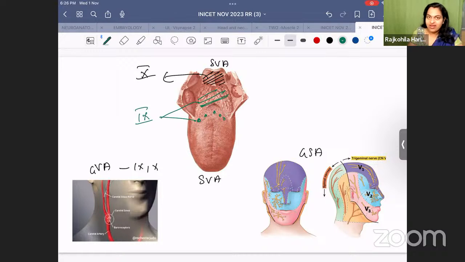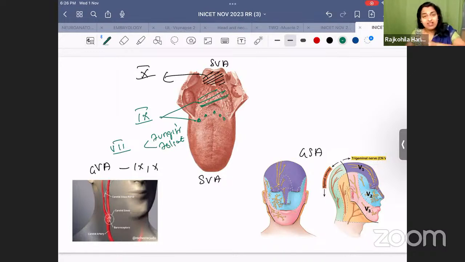Special visceral afferent from the anterior two-thirds of the tongue. What is the papilla you have there in the anterior two-thirds with the taste buds? Yes, from the fungiform and the foliate papillae. The filiform doesn't have taste buds, right? From the fungiform and the foliate papillae, chorda tympani branch of the seventh nerve.